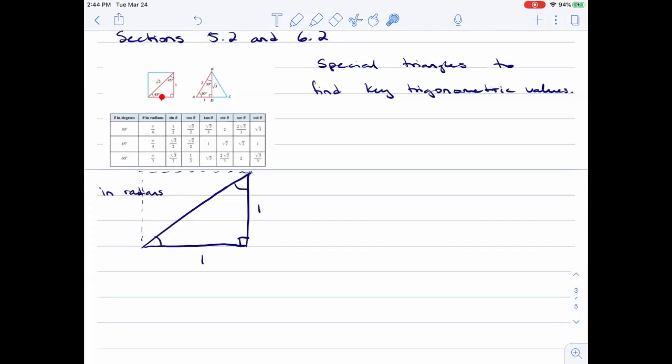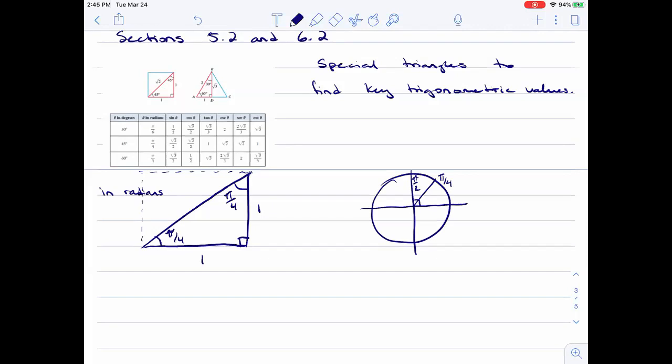If we think about our unit circle, where it's easiest to visualize, here's 90 degrees. Half of that is 45. So here's pi over 2, and this must be at pi over 4. So these angles in terms of radians are pi over 4 and pi over 4.